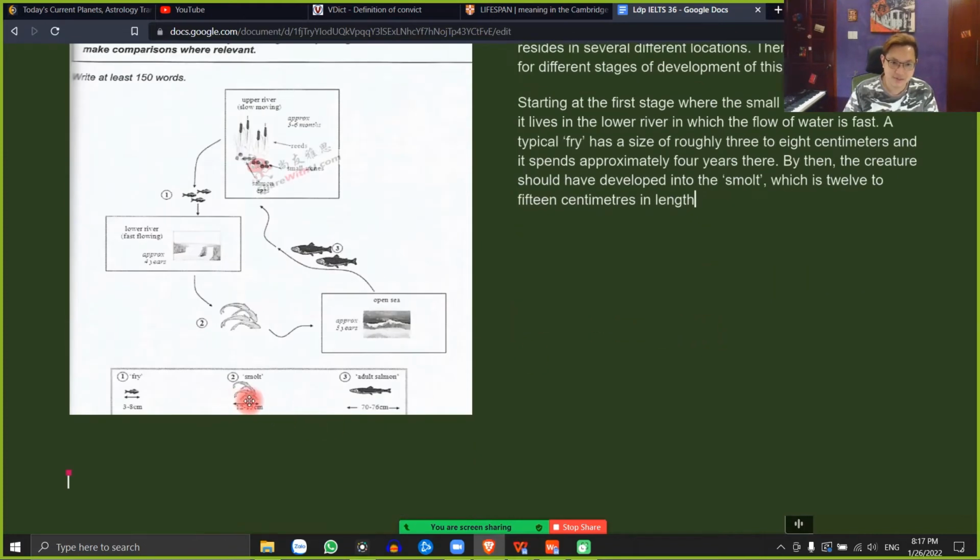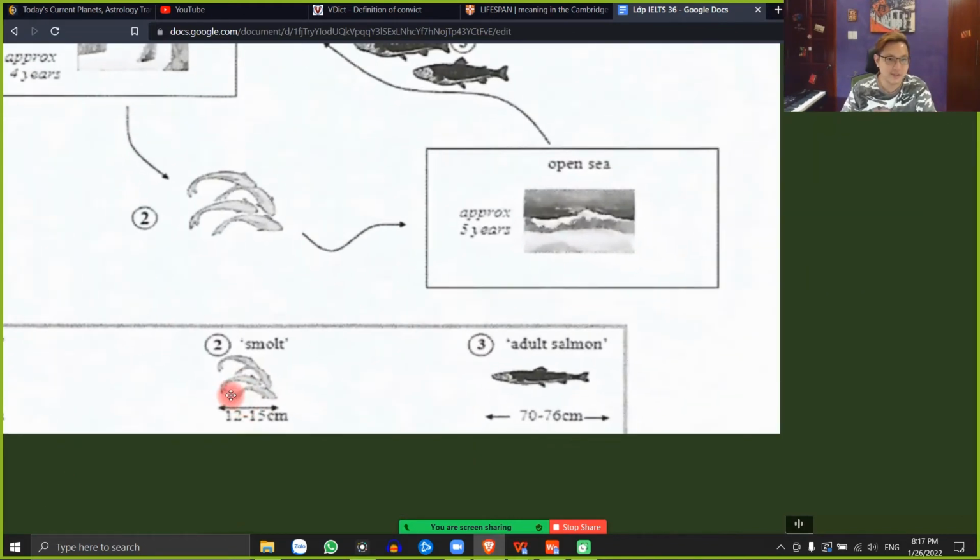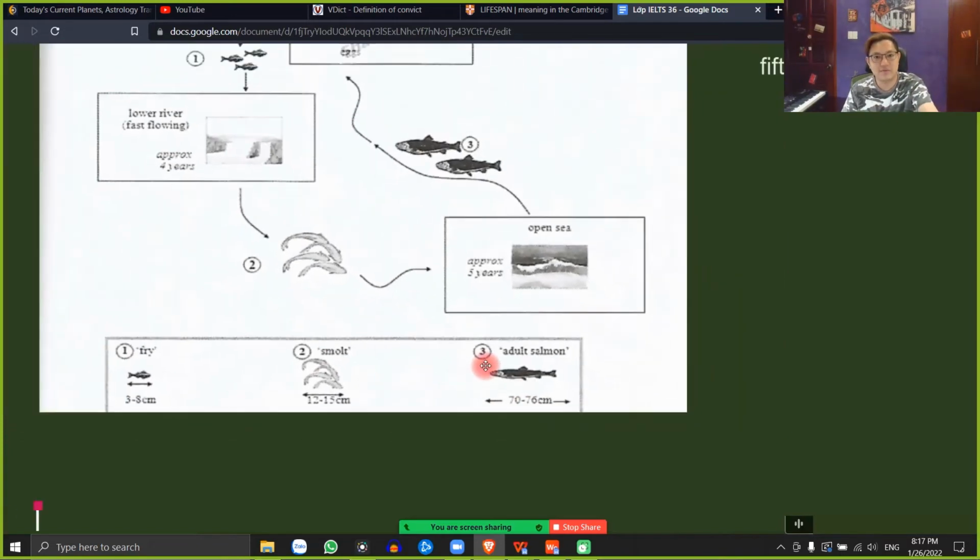Because this one measures the length of the creature, right? Nó đo cái độ dài của cái con đó mà. Chứ đâu có phải là đo cái độ nào khác, chiều nào khác đâu, nó đo độ dài mà. This is like basically the measurement of the length of the fish, you know.